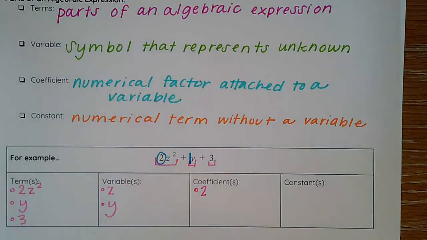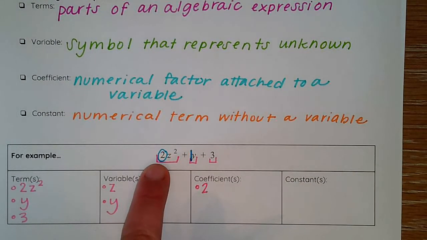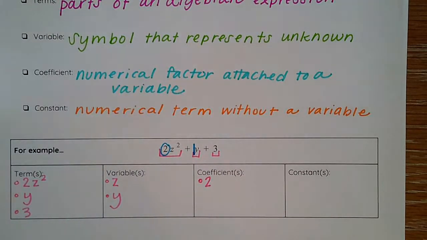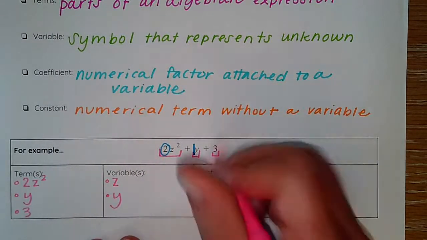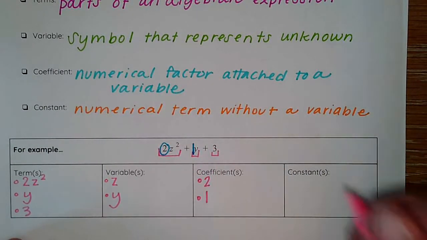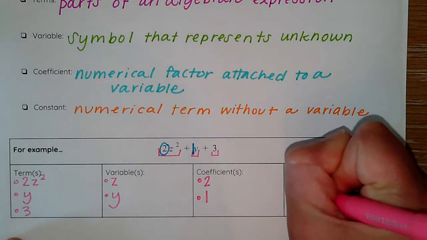It's telling us that there is one y. Here we have 2z squared. So the coefficient is that 2, but it's also 1. And then lastly, we have our constants, and we just have that one constant standing alone, and that is 3.